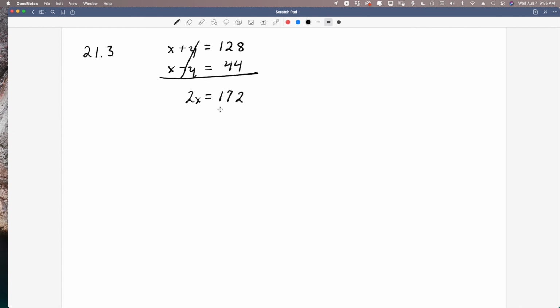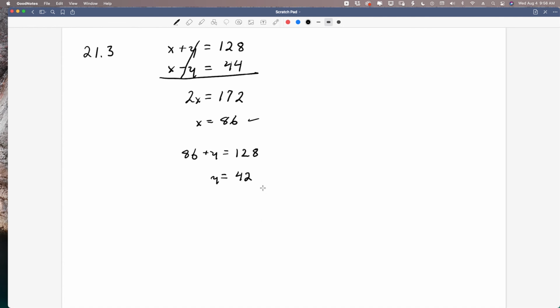So now we just divide both sides by 2, so x equals 86. All right, so now we can just sub in 86 up here. X plus y is 128, so 86 plus y is 128. So when we subtract 86 from 128, y is equal to 42.